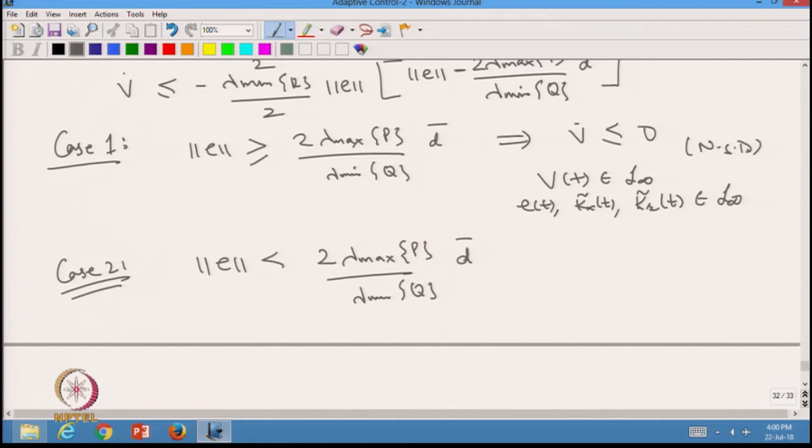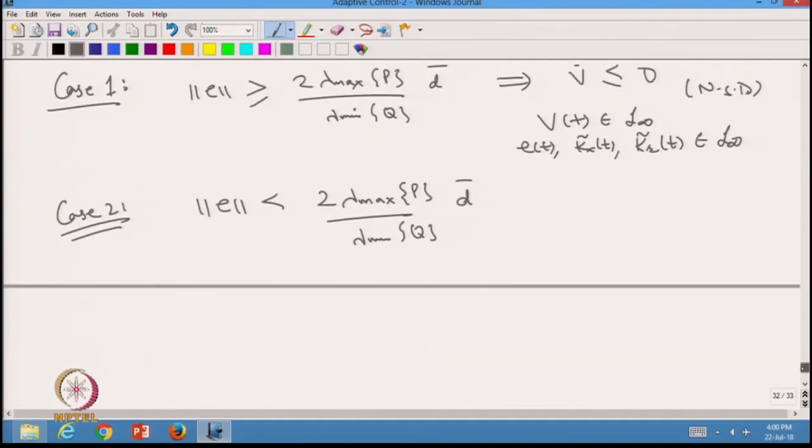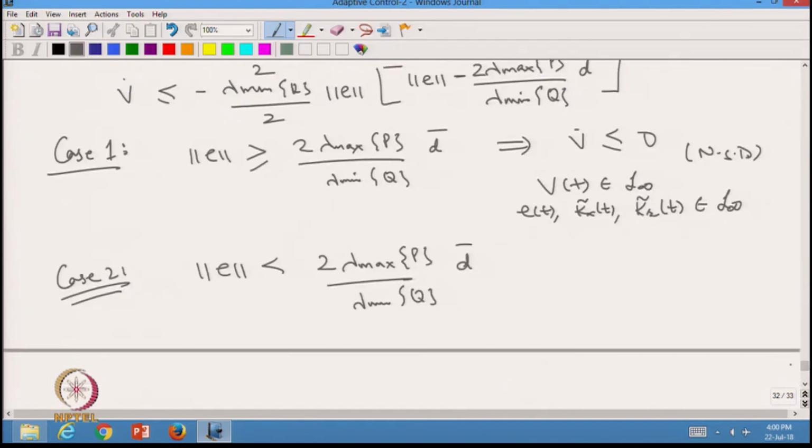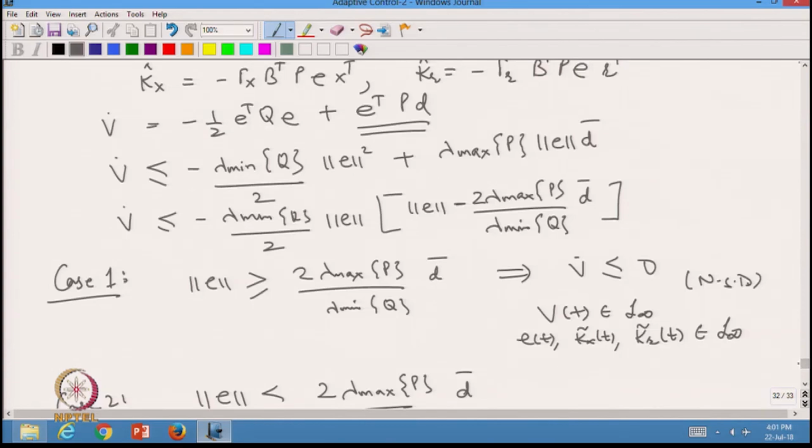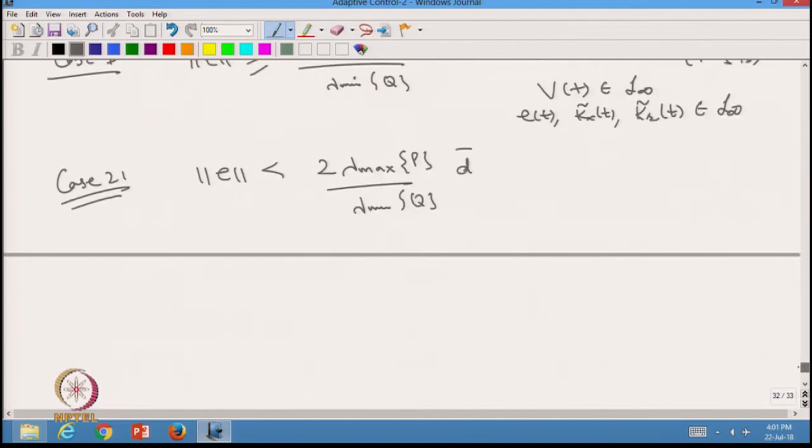So, what if this case 2 is true, that the norm of the tracking error is less than this constant? All the terms here are constant terms. We have the maximum eigenvalue of P, minimum eigenvalue of Q, and the upper bound on the disturbance. So, if the tracking error goes below this value, then the term in the bracket in fact becomes less than 0, and then V dot becomes less than or equal to some positive number, right.